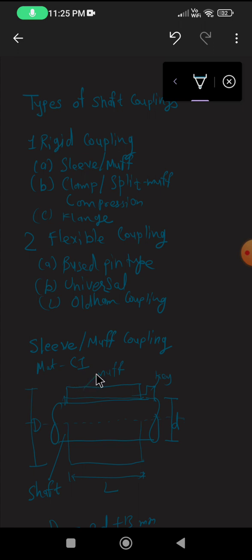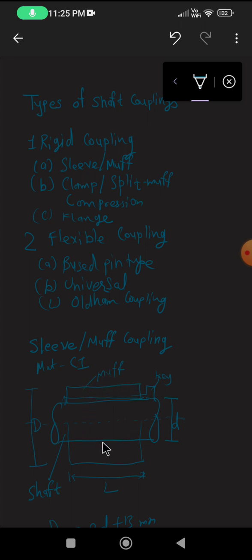It consists of a hollow cylinder whose inner diameter is the same as the shaft. Suppose this is a shaft. Here there is a hollow cylinder, which is called the muff or sleeve coupling. The diameter of the shaft is small d, and the diameter of the sleeve or muff we are calling capital D here.